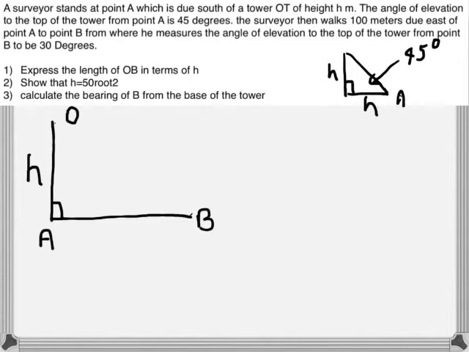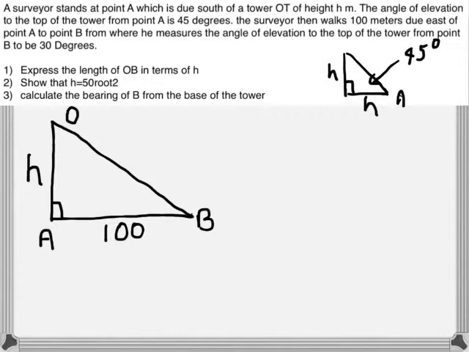Now we're looking down from above, we have this particular diagram. We're also told that the angle of elevation from point B is 30 degrees.